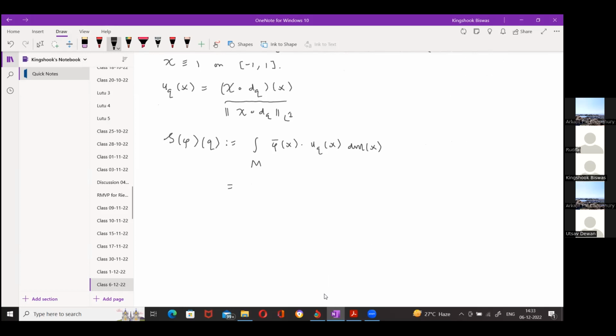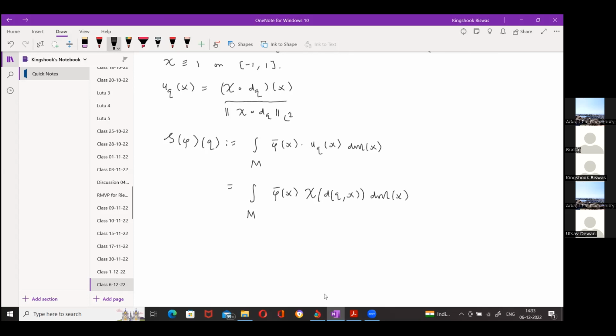So this is going to be the integral over N of phi bar of x. So what is u_q of x? This is chi of the distance from q to x, dvol x.